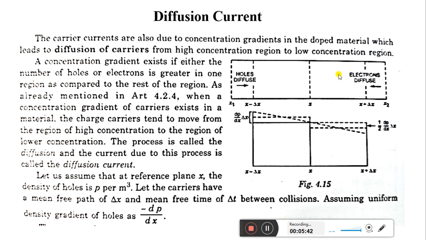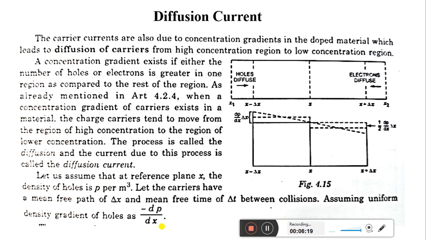So what will be the density gradient? The density gradient of holes will be defined as minus dp by dx, where p is the density of holes and x is the reference plane over which we have to find the diffusion of holes or electrons. So we want to find the uniform density gradient of holes with respect to x. That's why we have written minus dp by dx.